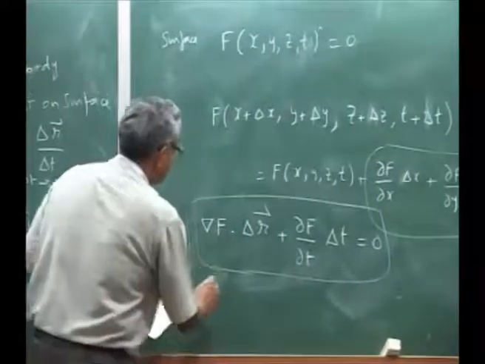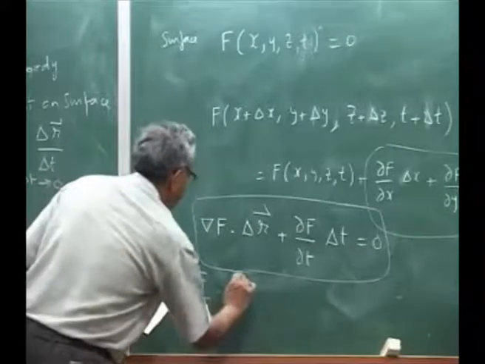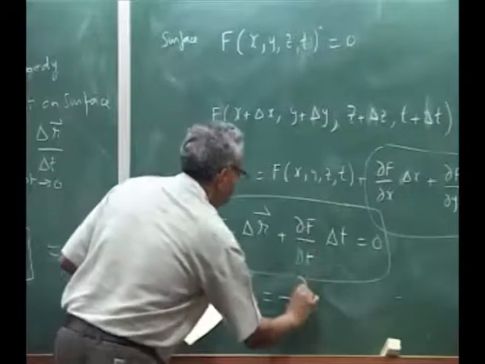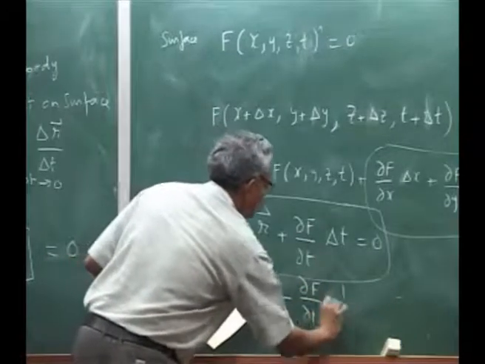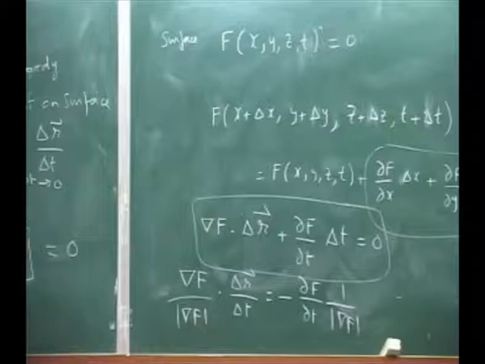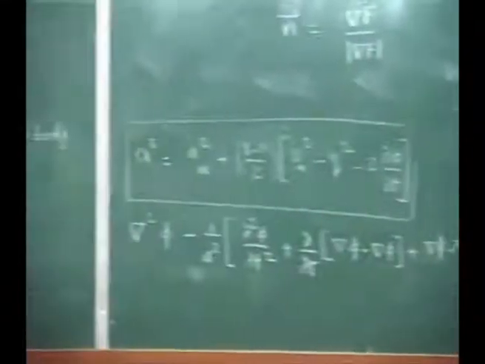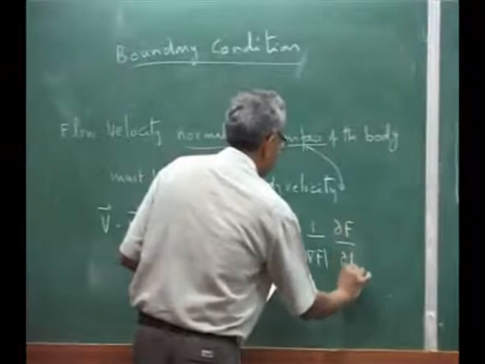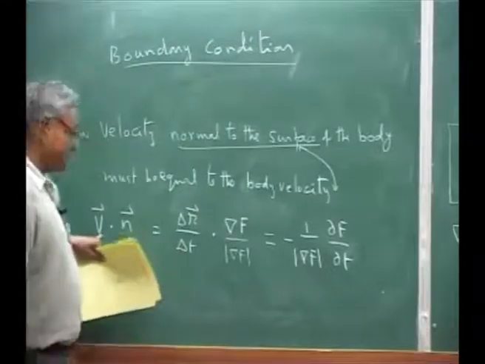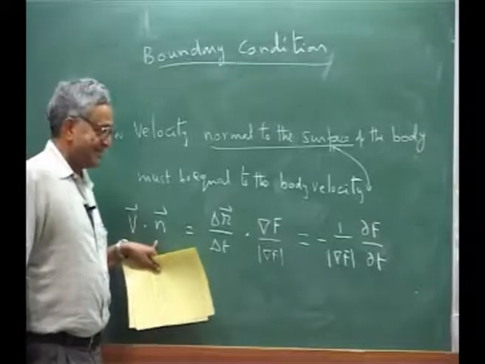From this equation, you divide by the magnitude of del F, that is going to be minus delta F by delta T times 1 by magnitude of del F. So I am going to write this as minus 1 over magnitude of del F times delta F by delta T. Please understand, this is the velocity of the body normal to its surface.